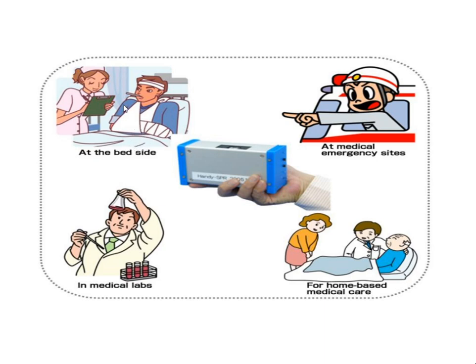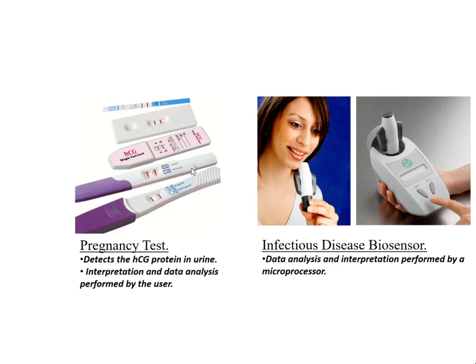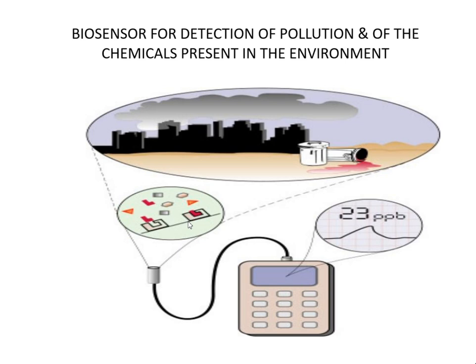Biosensors are also useful to analyze a patient's pH, temperature, etc. They are also useful in the detection of pregnancy, and mainly useful in monitoring and detection of pollution and of the chemical presence in the environment.